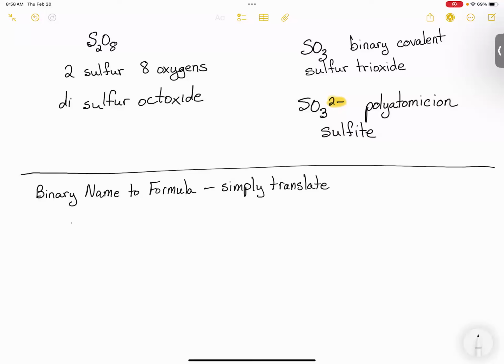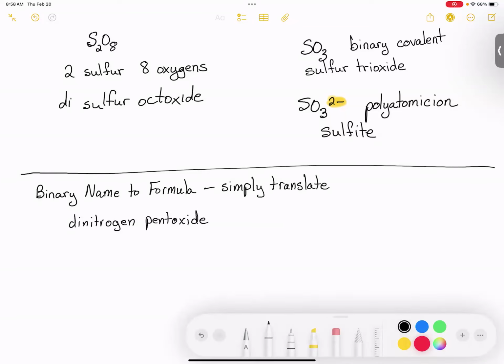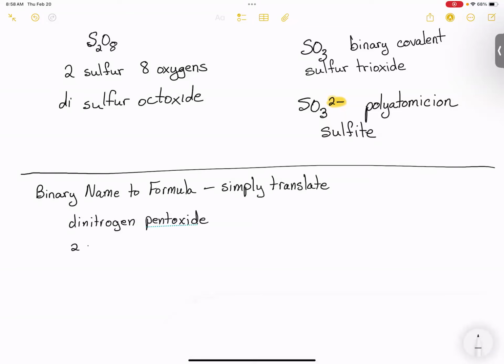So if I have dinitrogen pentaoxide, you translate it. Di means 2, nitrogen, N, pent means 5, oxide, oxygen. So the formula is N2O5. Okay.